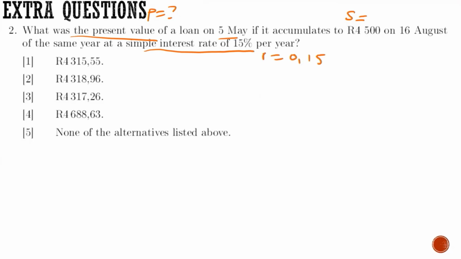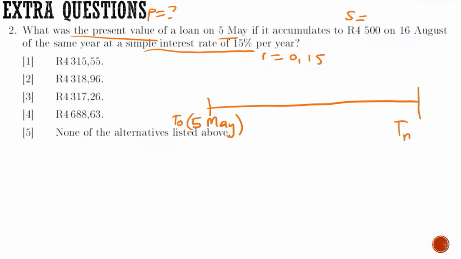You can get your timeline. Your T0 is happening on the 5th of May. Your TN, the time of your final day of your investment, is 16th of August.